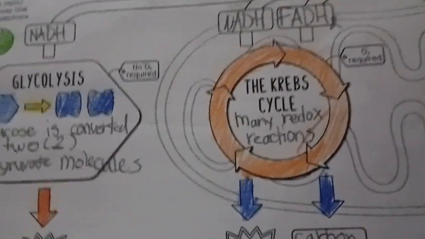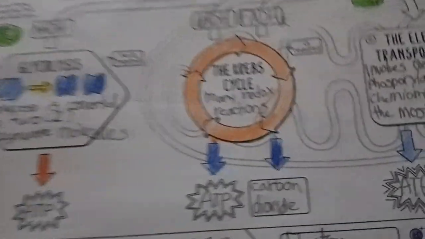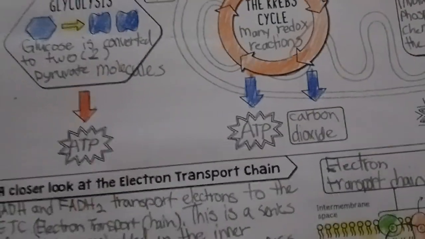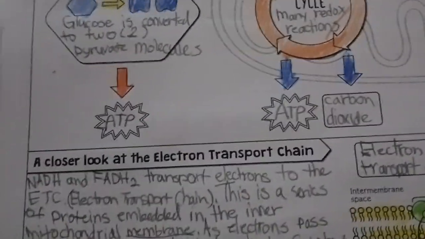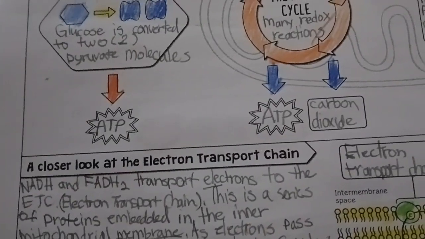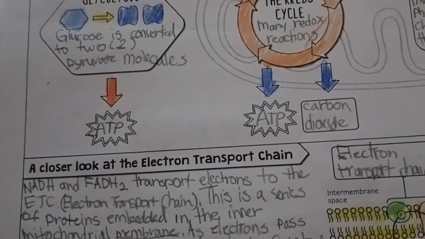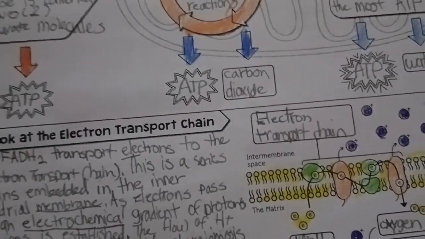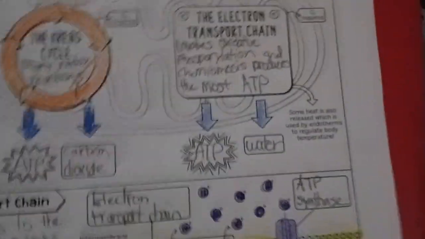NADH and FADH2 both go to the electron transport chain, which involves oxidative phosphorylation and chemiosmosis, which is like osmosis with chemicals. It produces the most ATP and produces water. Some heat is also released, which is used by endotherms to regulate body temperature.